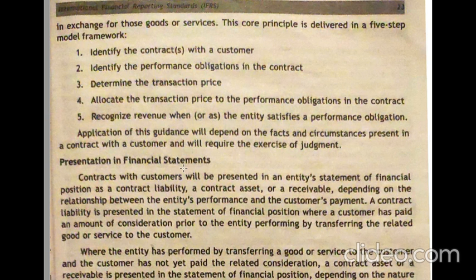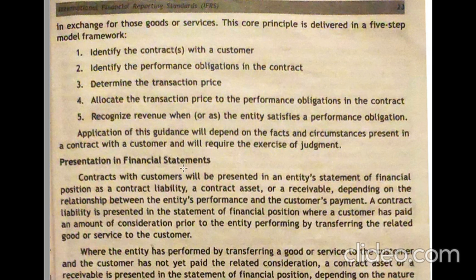So any transaction under this IFRS 15 to be recognized for the contract, or any revenue to be recognized in the contract, will be presented in the financial statement only when the payment or the receivable is done. So when any transaction is being transferred and the amount is received for that particular transaction, only then such figures will be shown in the financial statement.